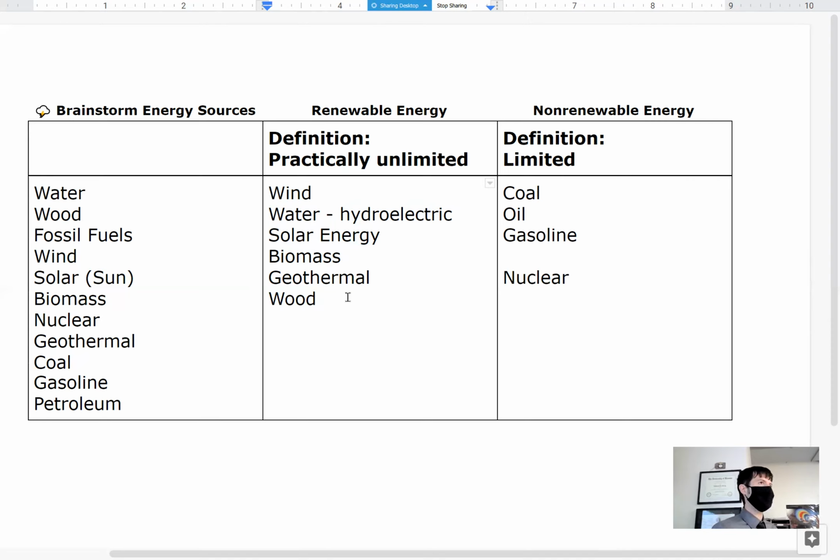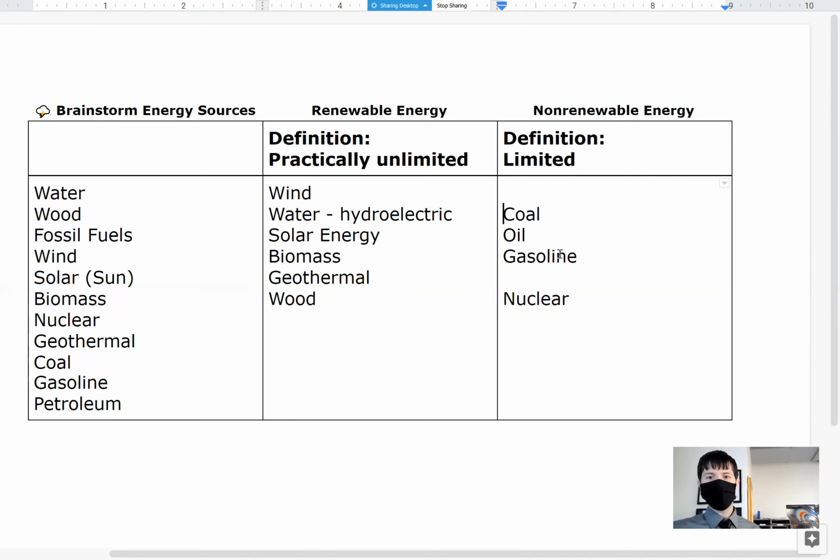So at the current rate of consumption, trees are growing faster than we can use wood. Now, if everybody decided to use wood instead of coal, then wood would probably go over to that non-renewable category because you can only chop so many trees down before they start to grow back again.